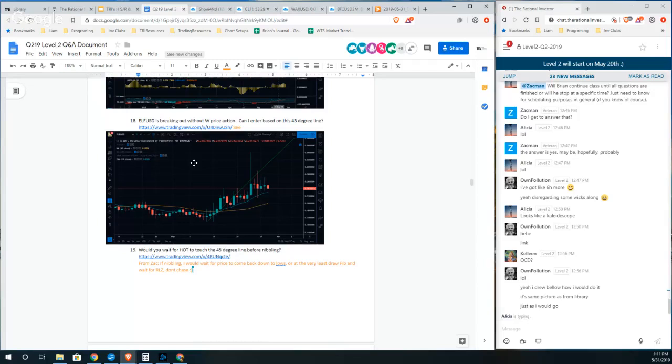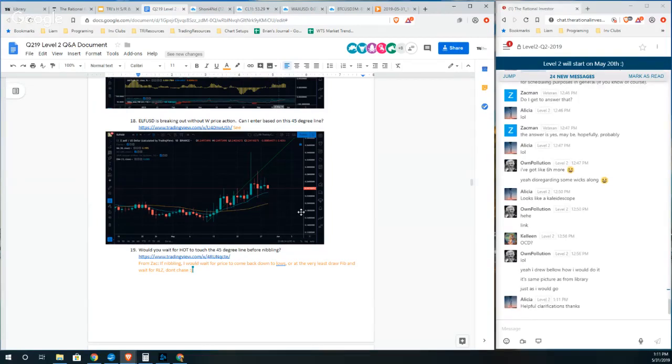18 EFLF USD is breaking out without W price action. Okay. Can I enter based on this 45-degree line? You can do anything you want. We're going to use the 45-degree line to try and see what the prevailing trend is without actually having structure.